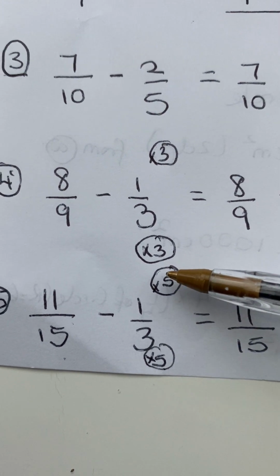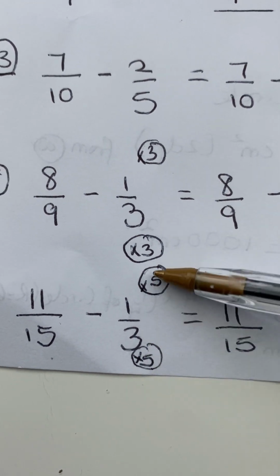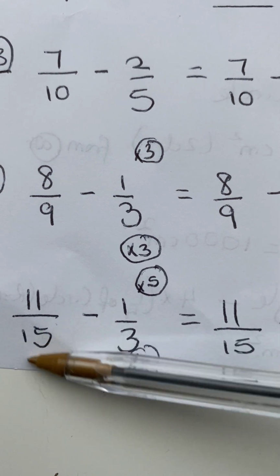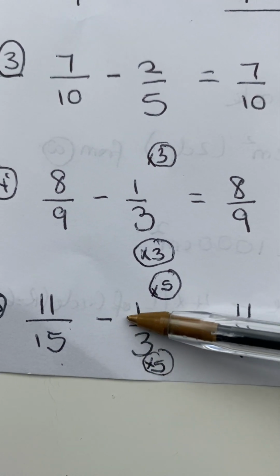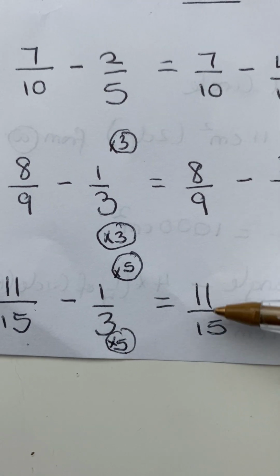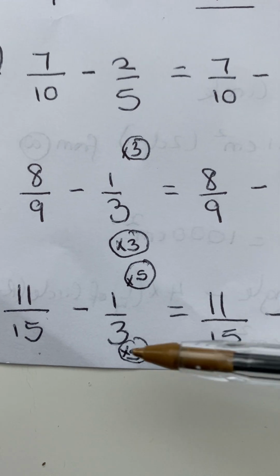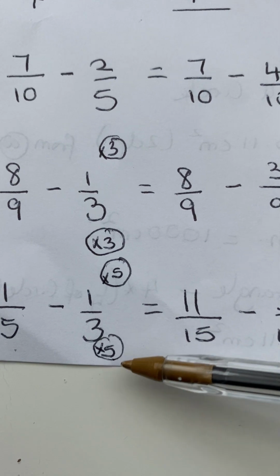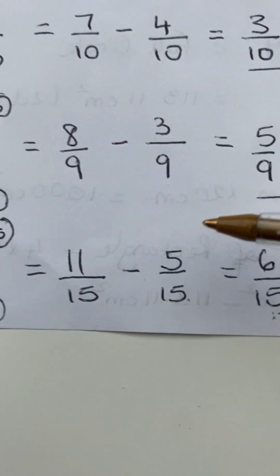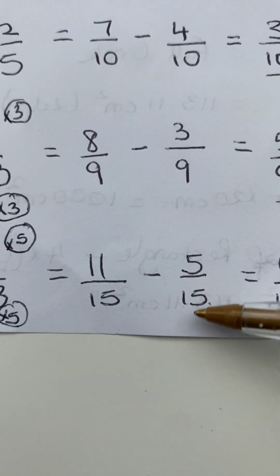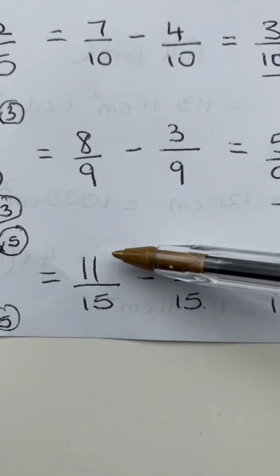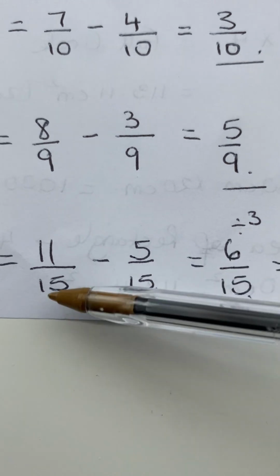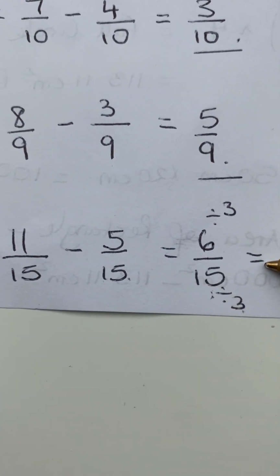Whatever you do for the numerator, you have to do for the denominator if you want the denominators to be the same. So 11 over 15, 1 times 5 is 5, 3 times 5 is what? 15. So now we can subtract. 11 minus 5 is 6, and then we bring down 15.